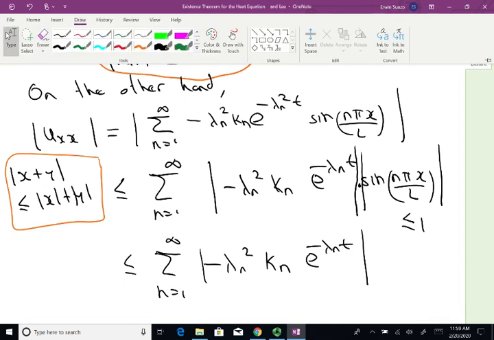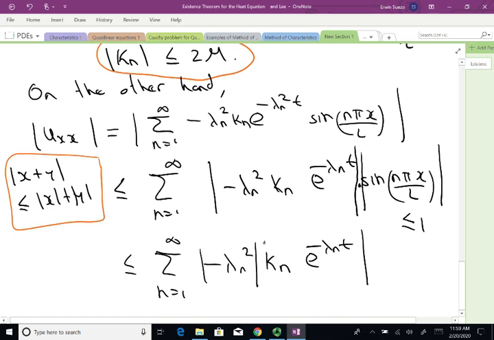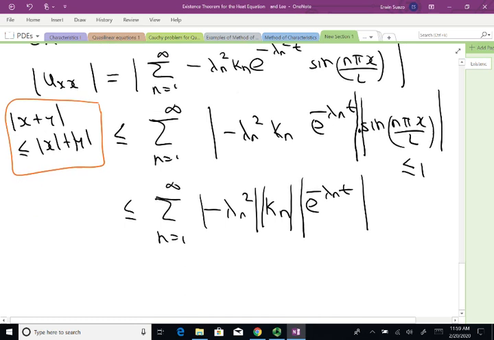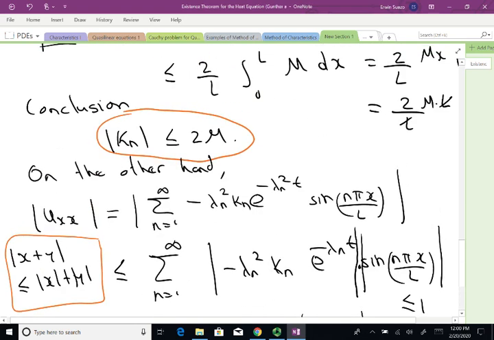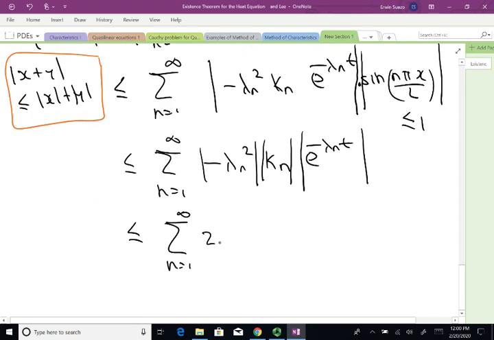Let's split it with k sub n like that, right? So this is less or equal than the sum from n equals 1 to infinity. The absolute value of k sub n is less than 2m, so I'm going to put 2m. And the absolute value of minus lambda n squared is just lambda n squared, right? And e to the minus lambda n t is always positive, so it's e to the minus lambda n t.